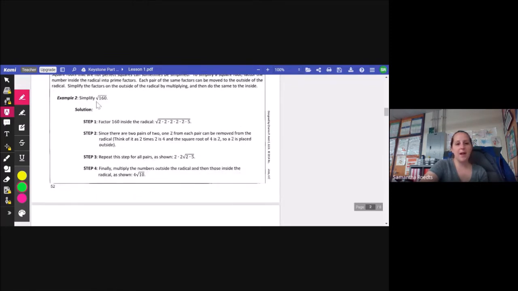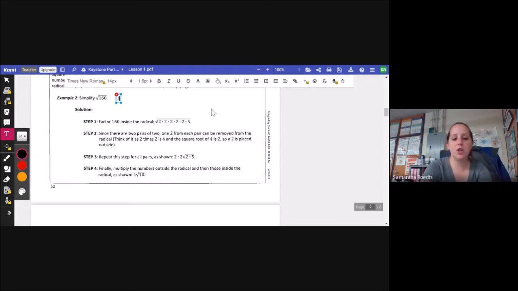So if I'm simplifying the square root of 160, I want to think about what times what gives me 160. Well, I know that 2 times 80 is 160. 2 I know is a prime number, but 80 is not. So then 2 times 2 times 40, because 2 times 40 gives me 80. 40 is not prime.